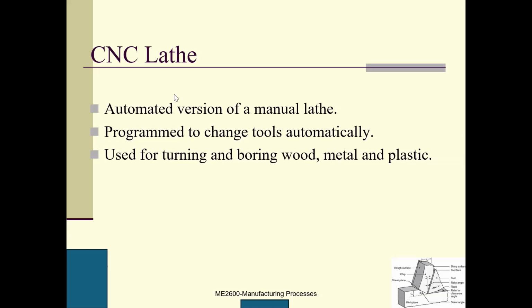The automated version of manual lathes has an embedded computer programmed to change tools automatically, and this is used for turning and boring of plastic and metal. Boring is also rotating of the workpiece. Turning is rotating of the workpiece.